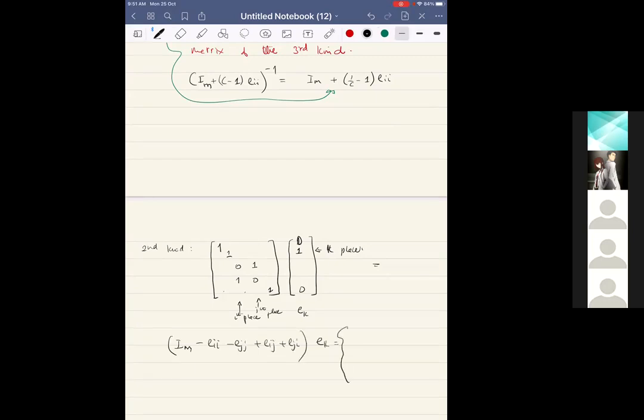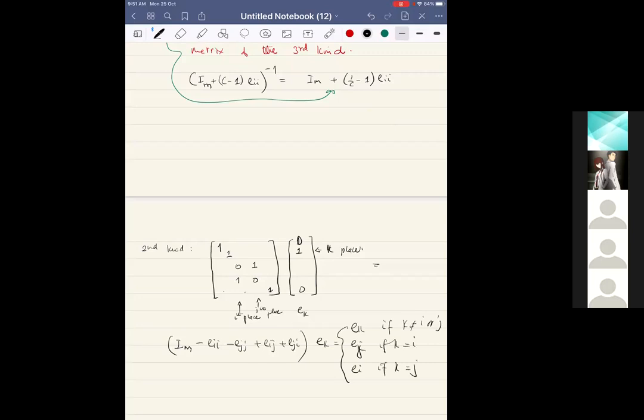Now tell me, this is equal to e_k if k is not equal to i or j, it is equal to e_j if k equals i, and e_i if k equals j.